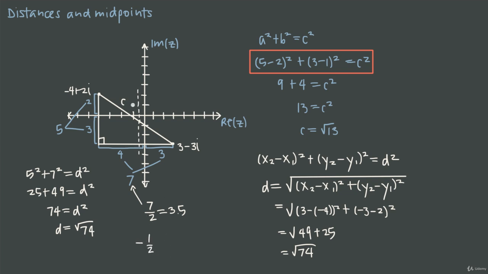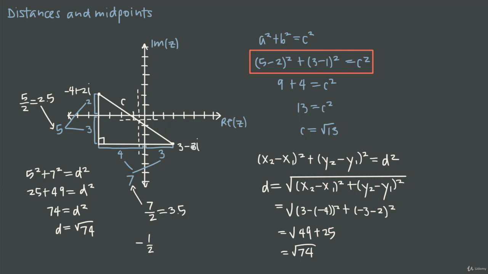Then if we look at the imaginary parts, we know the vertical distance between these 2 complex numbers is this value here, 5. We already found that. So again, we divide that by 2, and we say 5 divided by 2 is equal to 2.5. So again, we can start from here and count down vertically 2.5, or start from here and count up vertically 2.5. So here, if we start at 2 and we go down 2.5, 1, 2.5 gets us to this negative half value right here.